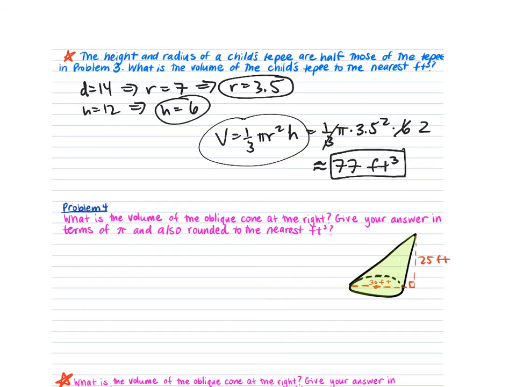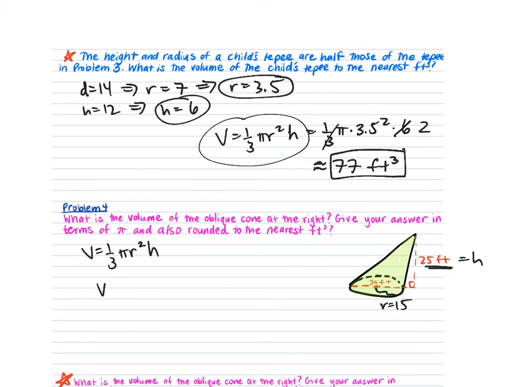Okay, problem 4. What is the volume of the oblique cone at the right? Give your answer in terms of pi and also round it to the nearest cubic foot. So we're going to have 2 answers here. Since the diameter is 30, that means the radius is 15. The height here is 25. So it's 1/3 pi r squared h.